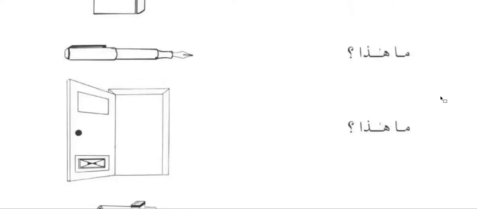If I point to the picture here and I ask, ما هذا? What is this? Of course, the correct response would be هذا كتاب. This is a book. If I point to this picture here and I say ما هذا? What is this? The correct response would be هذا قلم. This is a pen.